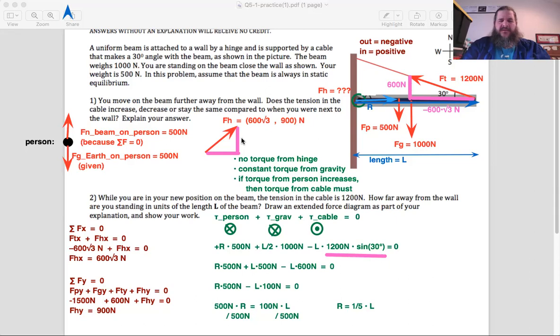So the magnitude of the force is going to be the square root of 600 root 3 squared, so that's 3600 times 3, plus 900 squared, which is 8100. Add those up, take the square root, and that'll tell you the magnitude.